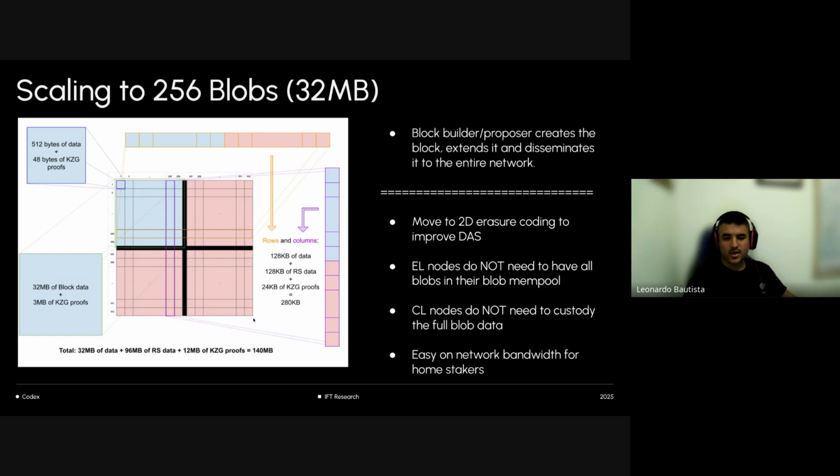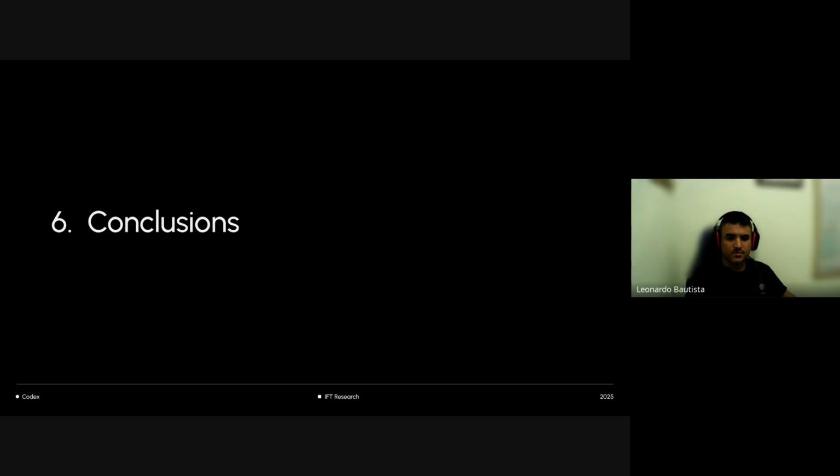Okay, and that way you finally get the entire two-dimensional matrix that we had as an objective at the beginning, and with a much more efficient network than what we proposed previously.